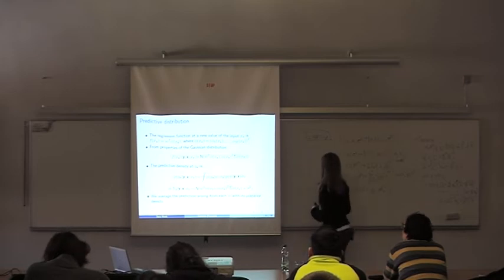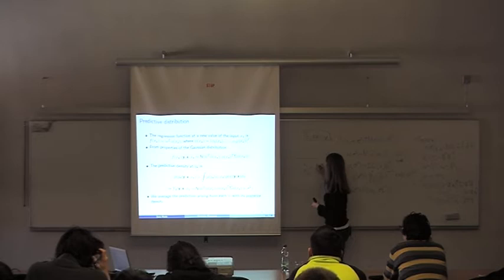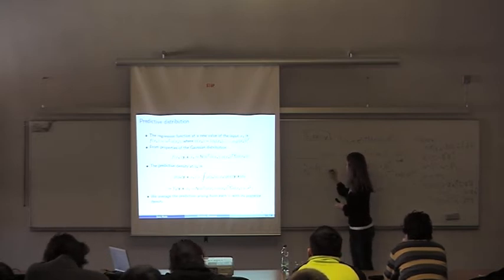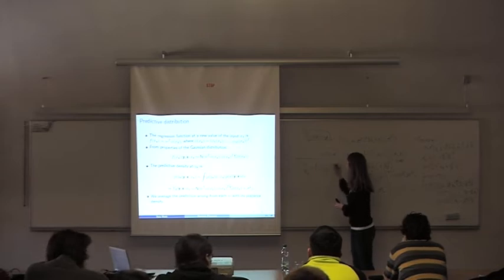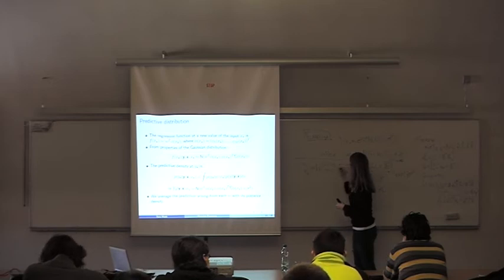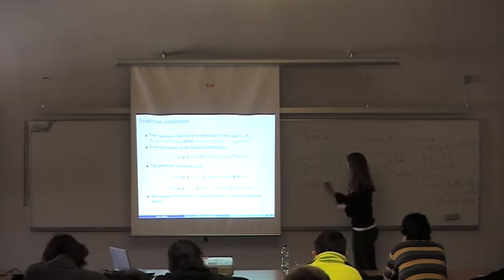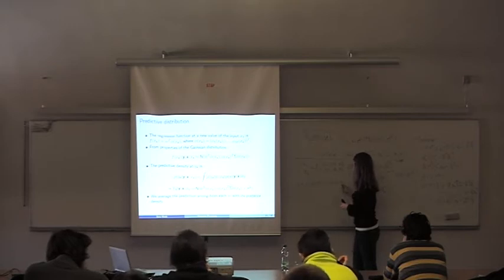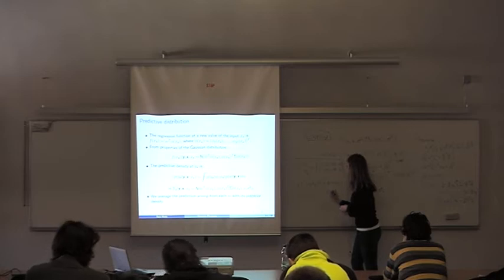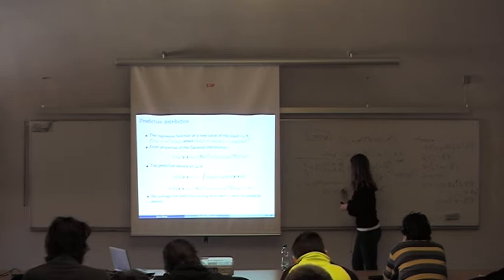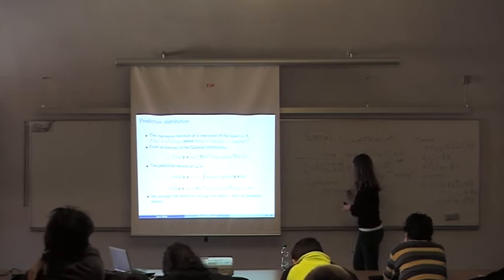From properties of the Gaussian, in particular, we know that if x1, x2 are normal with means mu1, mu2, variances sigma squared 1, sigma squared 2, and a covariance, then any linear combination of them is Gaussian with mean A1 times mu1 plus A2 times mu2, and variance A1 squared sigma 1 squared plus A2 squared sigma 2 squared plus 2 times A1 A2 times the covariance.